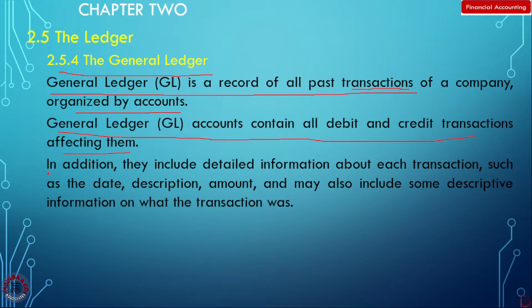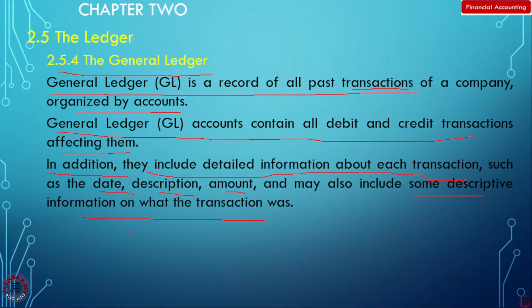ledger. In addition, they include detailed information about each transaction, such as date, description, amount, and may also include some descriptive information of what the transaction was. So the accounts will also record the details of the transactions.